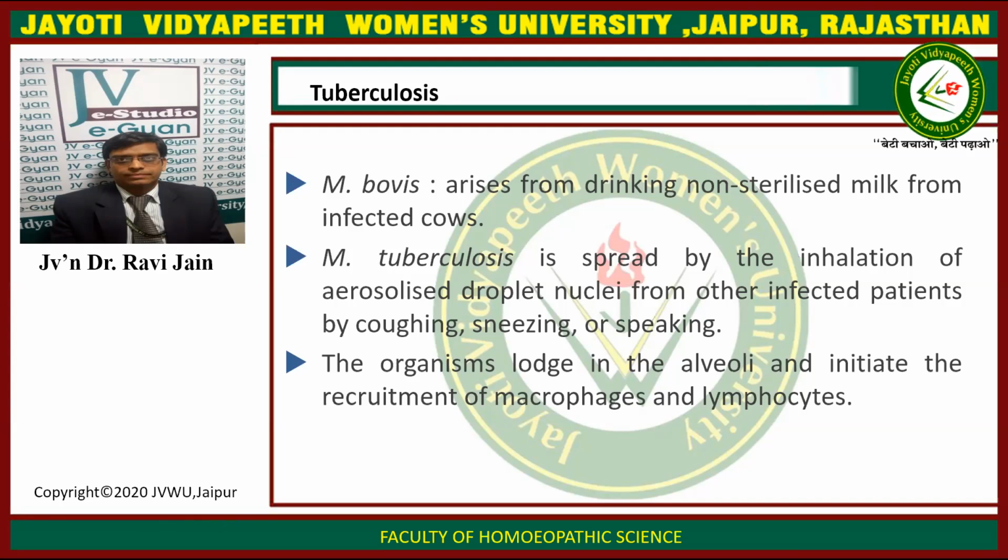Mycobacterium tuberculosis is spread by inhalation of aerosolized droplet nuclei from other infected patients by coughing, sneezing, or speaking. The organism lodges in the alveoli and initiates the recruitment of macrophages and lymphocytes.